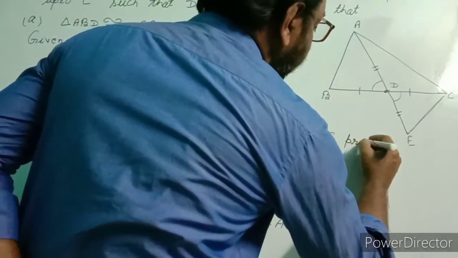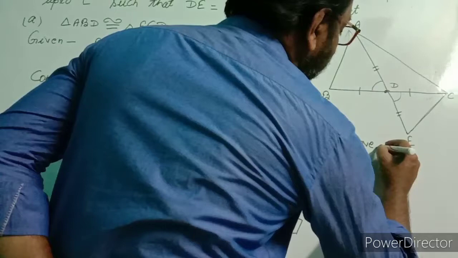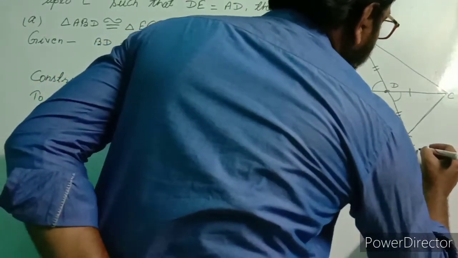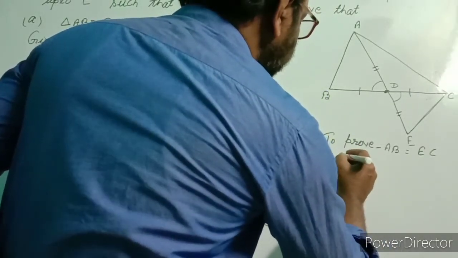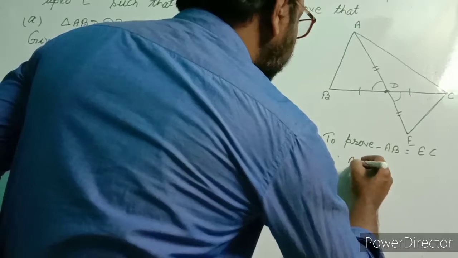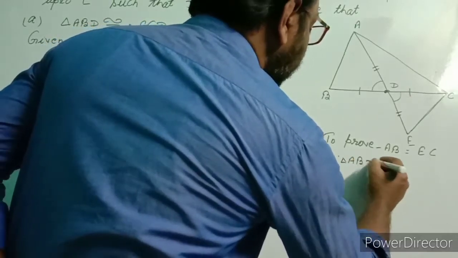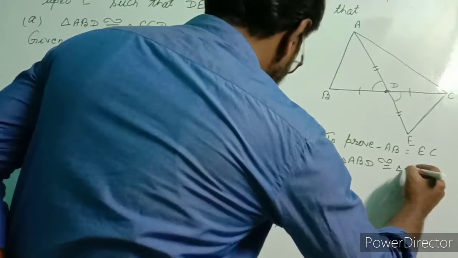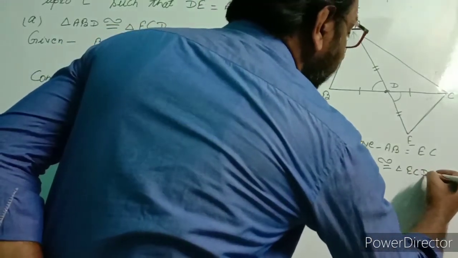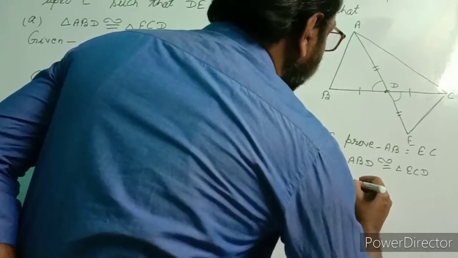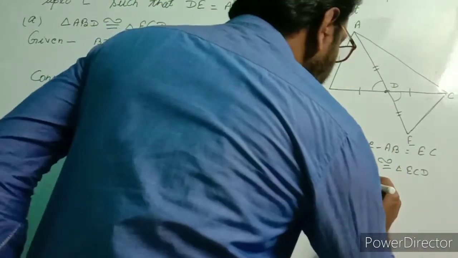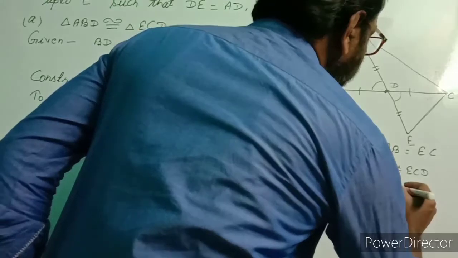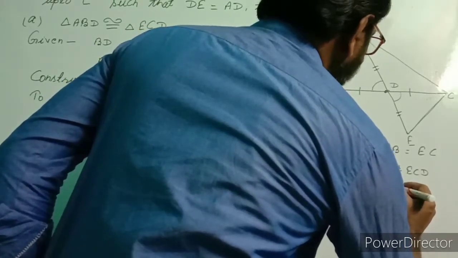To prove AB equals EC, we write, since triangle ABD is congruent to triangle ECD, therefore AB equals EC.